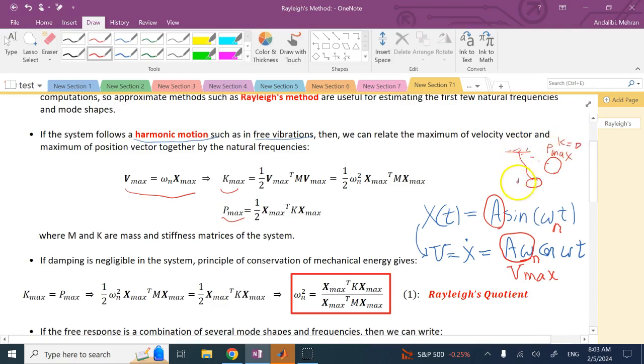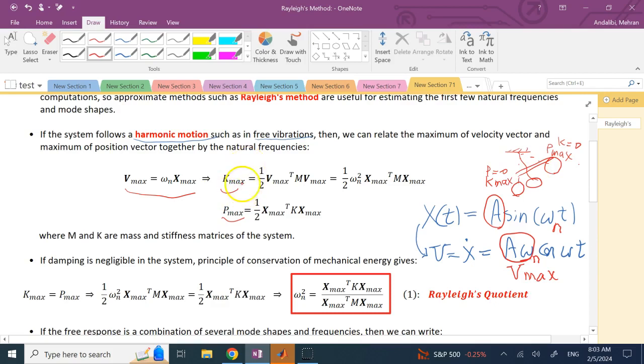And when it comes down here in the middle, K is maximum, but potential energy is 0. And since the sum of these two is constant, we can see that K max is the same as P max. Or if it's a mass-spring system, it doesn't matter. K max equals P max as long as there is no damping or no non-conservative force in general.